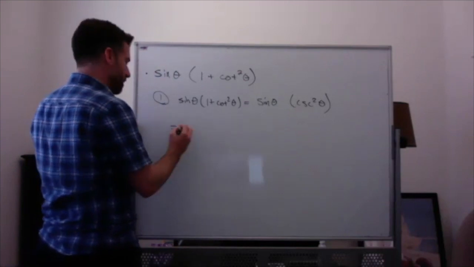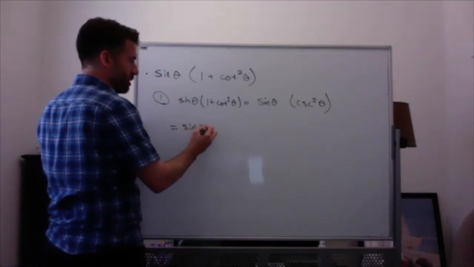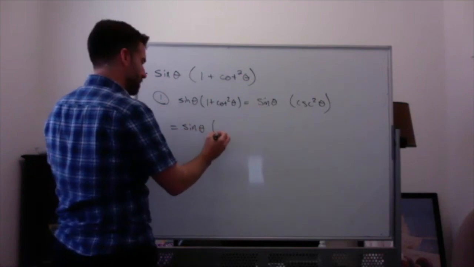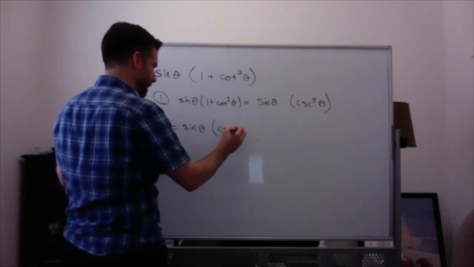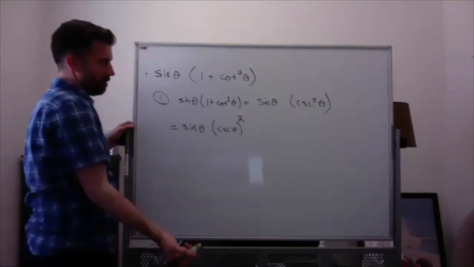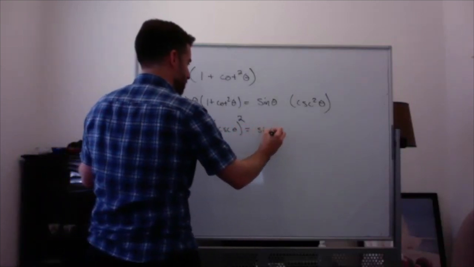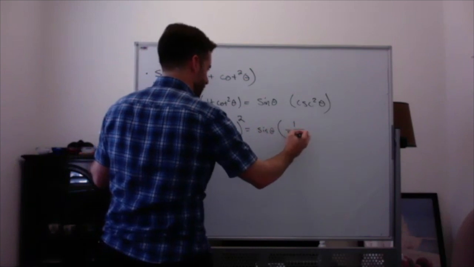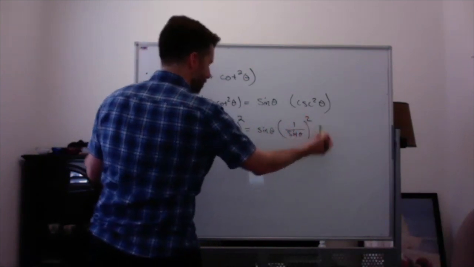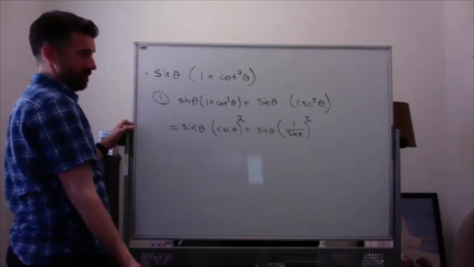If you want, you can skip this step, but you can say cosecant squared is really just cosecant of theta quantity squared. And cosecant is 1 over sine of theta, and so cosecant squared is 1 over sine of theta squared.